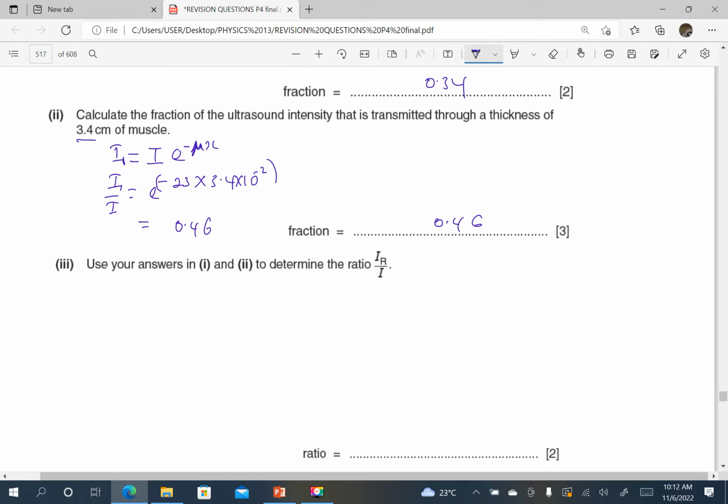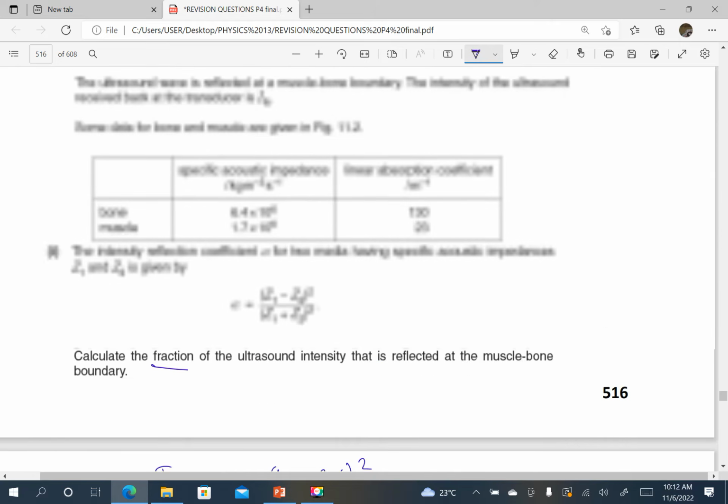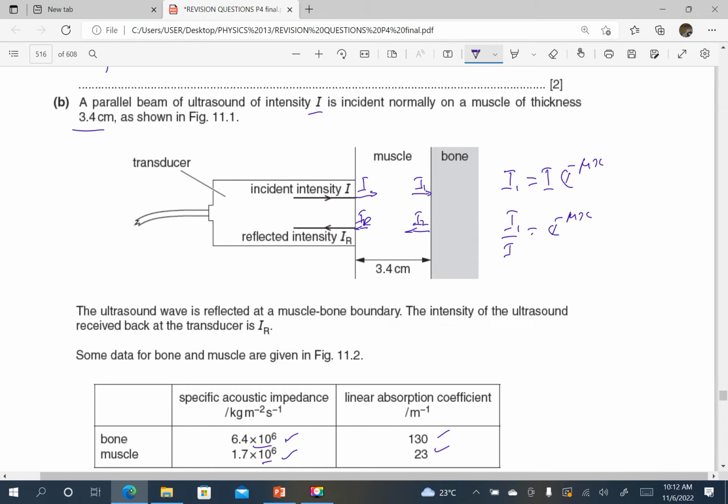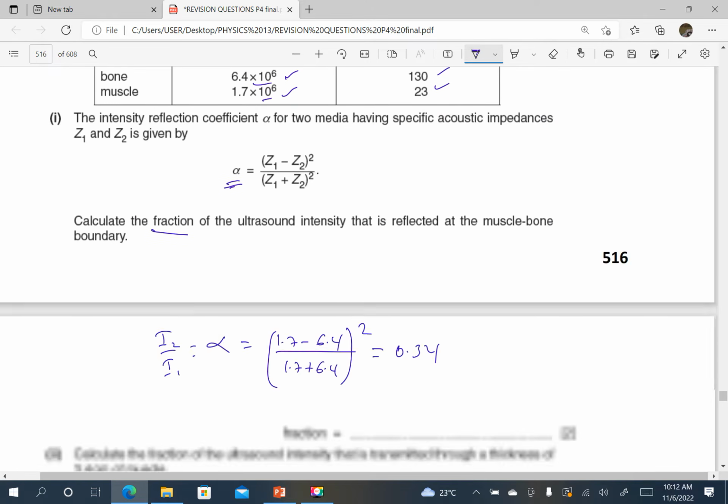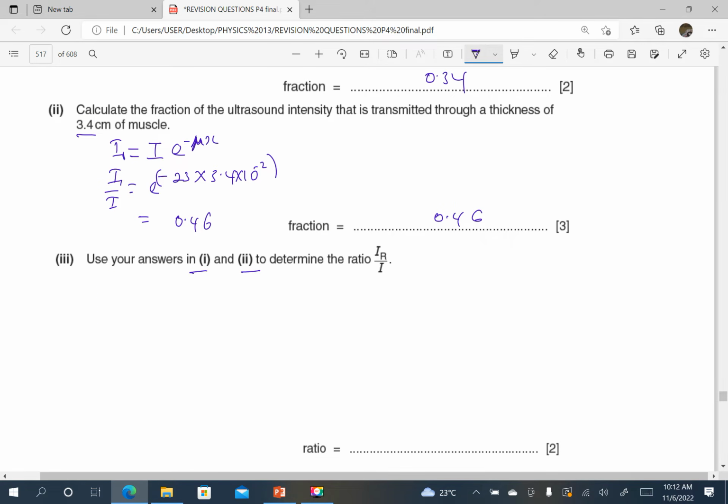Use your answers in Roman 1 and Roman 2 to find IR over I. So you want to find the ratio of the intensity which is received back over the intensity which is entering the muscle. But I want you to note, we have already seen that the intensity which has been transmitted, I1, is equal to 0.46 times I. That one is transmitted from the muscle to the boundary.